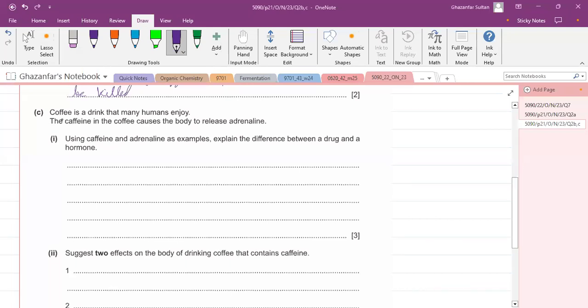Okay, now the part C of the same question. Coffee is a drink that many humans enjoy. The caffeine in the coffee causes the body to release adrenaline. Using caffeine and adrenaline as examples, explain the difference between a drug and a hormone.